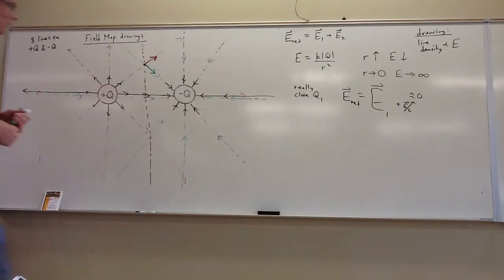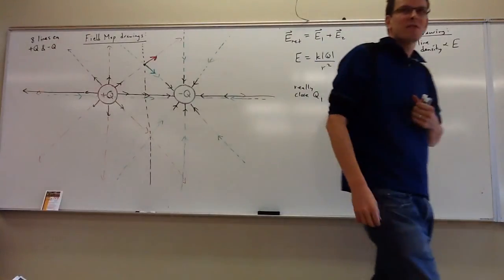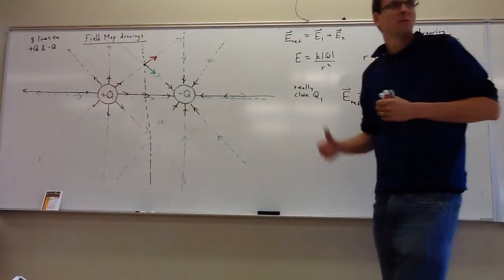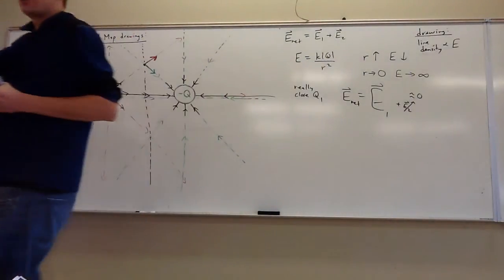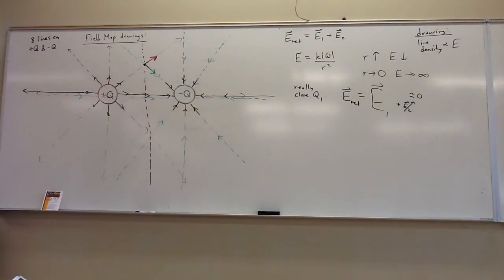I tried to anyway. How do I know they're the same size? Same distance from the same amount of charge. That's the advantage of the perpendicular bisector, is that I know that the sizes of electric fields are exactly the same. What about the direction? What does the direction look like? What if you did the vector addition of those two, what would you get? Exactly to the right.